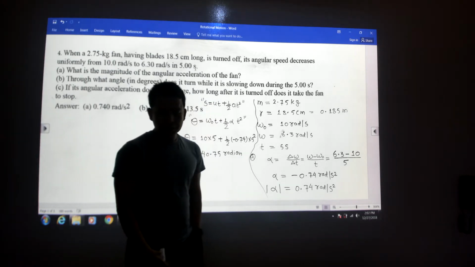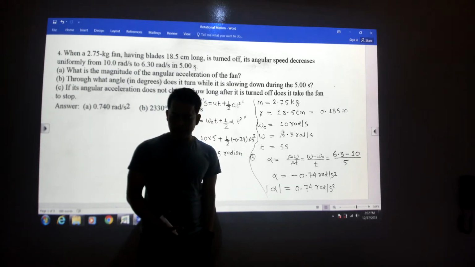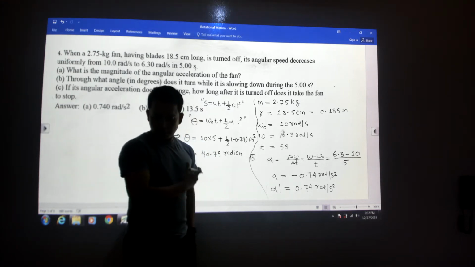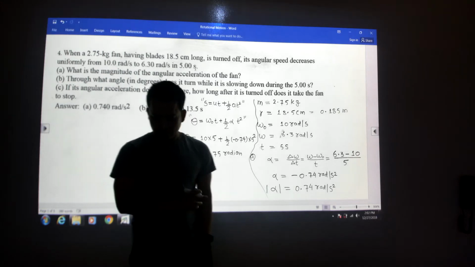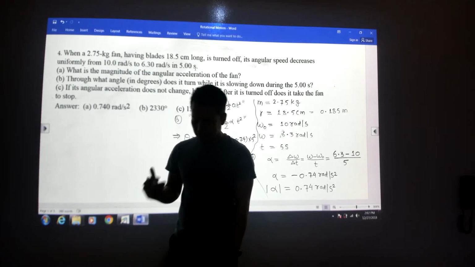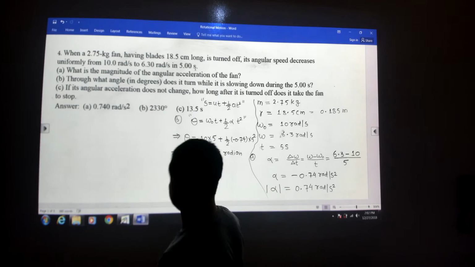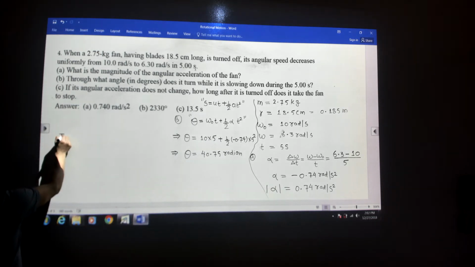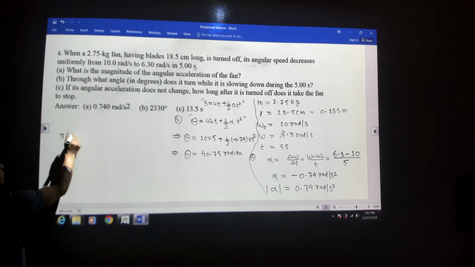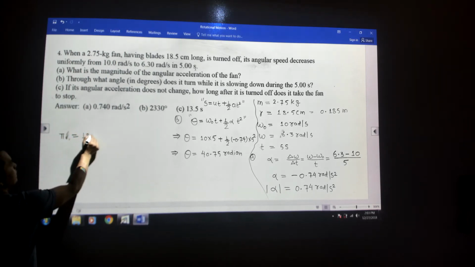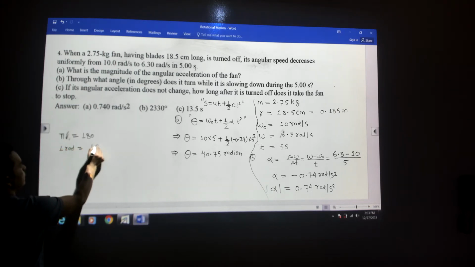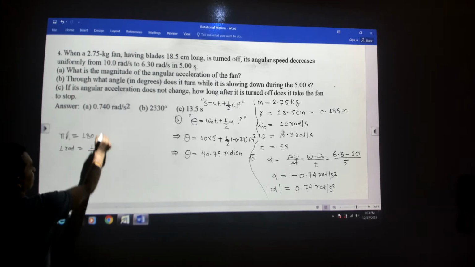Okay, and if the answer is asking in degree, then you have to change this radian to the degree. How do you do that? For those who are interested, pi radian is 180 degree, so 1 radian is equal to 180 divided by pi.